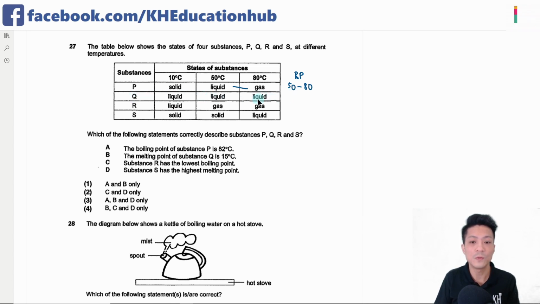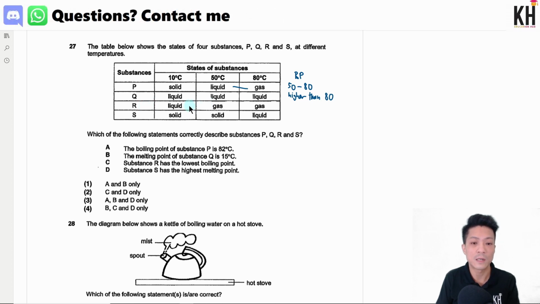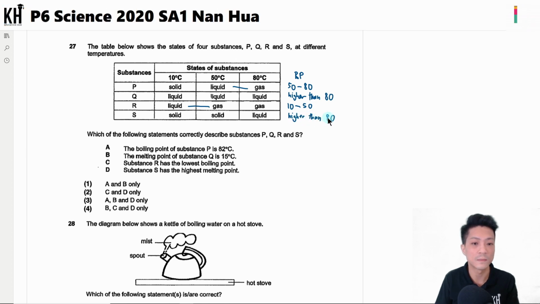For substance Q, it is all liquid until 80 degrees Celsius, so it is higher than 80. For substance R, liquid to gas is over here, so it will be between 10 and 50. Substance S is also liquid at 80, so it is also higher than 80.